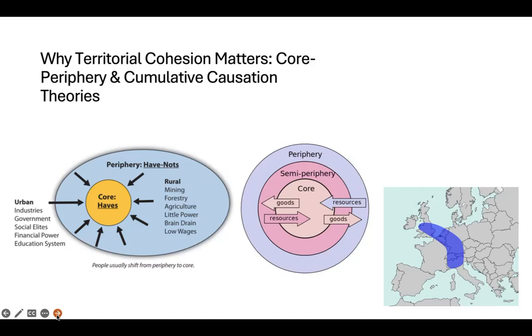So that's the concept of the core and the periphery. And you can see there this idea of the backwash of people and goods and resources leaving the periphery and flooding into the core.